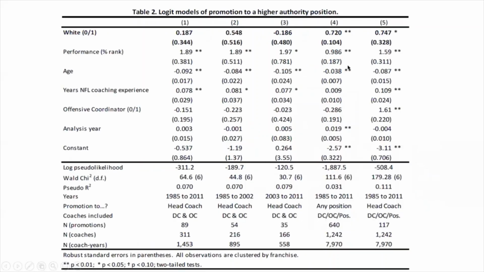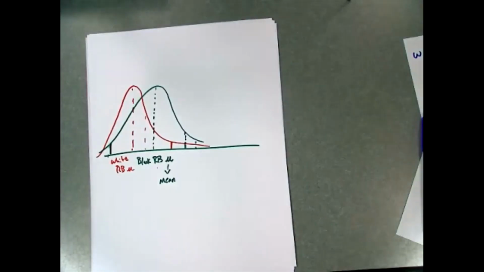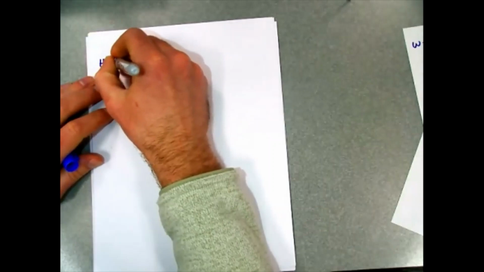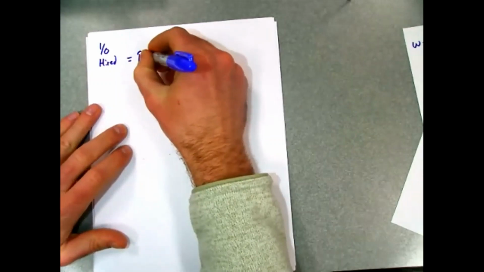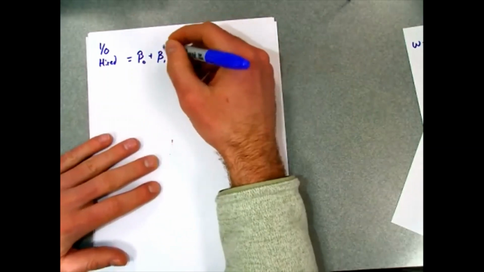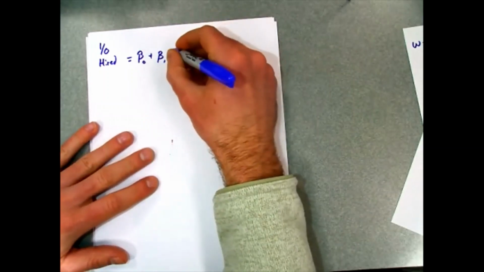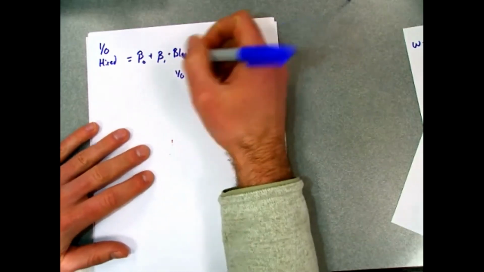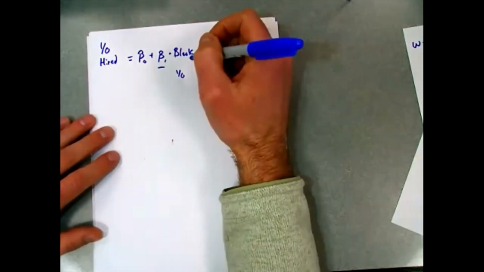So they run this regression, and we'll give you what the equation would look like. Here, whether they were hired, 1 or 0, is our dependent variable. We then have our intercept, and the slope coefficient on whether or not that coach was black. This is a 1, 0 variable, and it's the primary variable of interest.